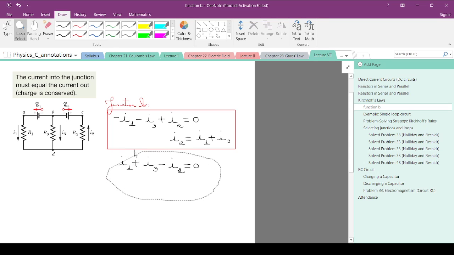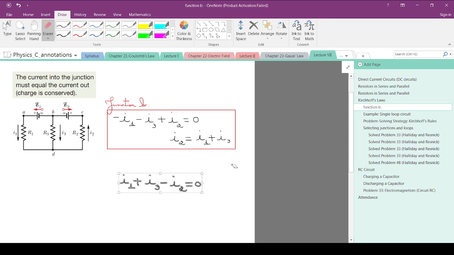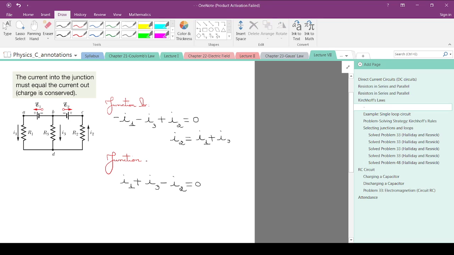Let me put this a little bit down. As you can see, these two equations here, guys, I can erase this, they are not linearly independent, they are dependent.